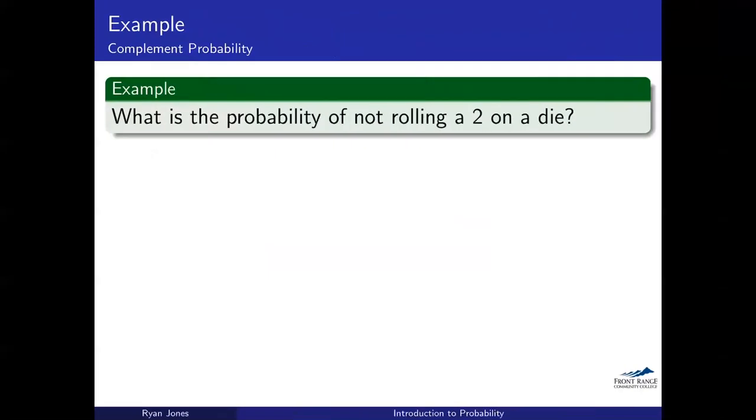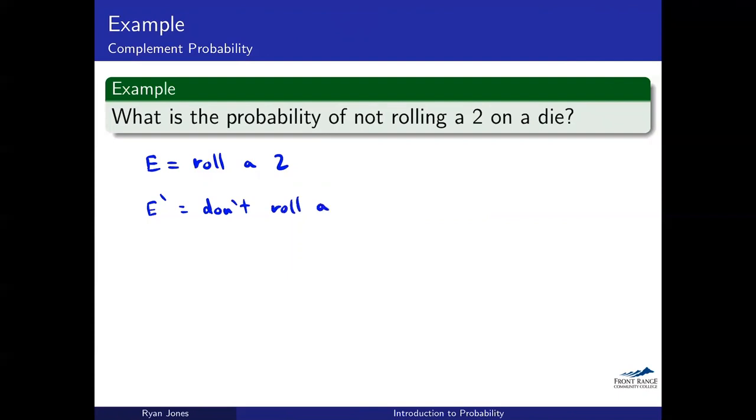So let's go ahead and do an example here. What is the probability of not rolling a 2 on a die? Well, let's say that E is the event that I roll a 2. E complement would be the probability that I don't roll a 2.